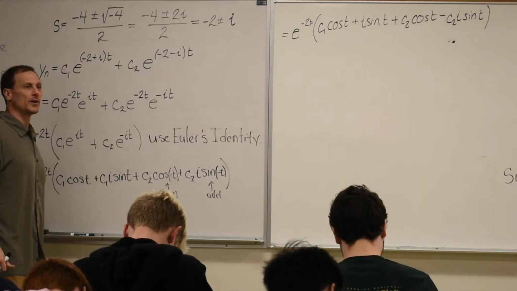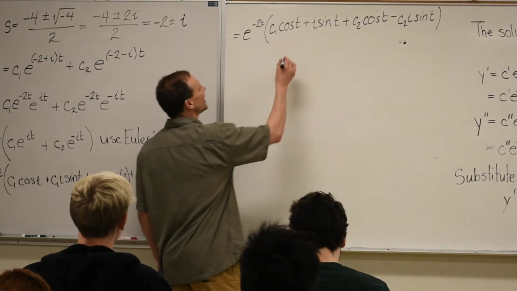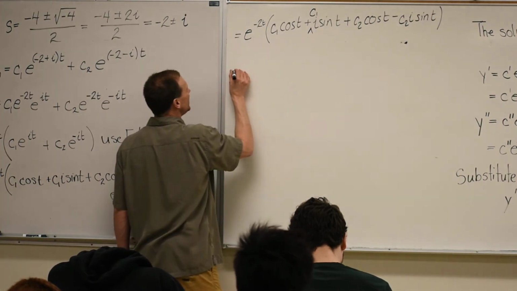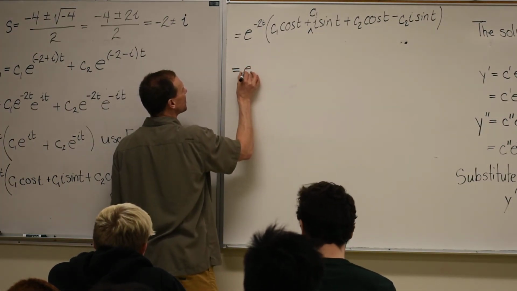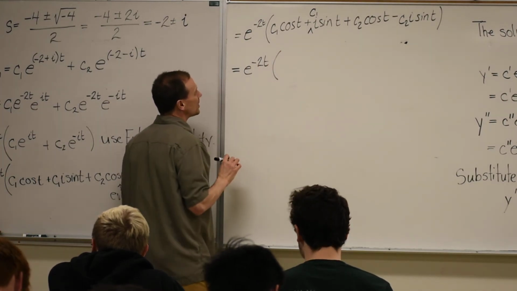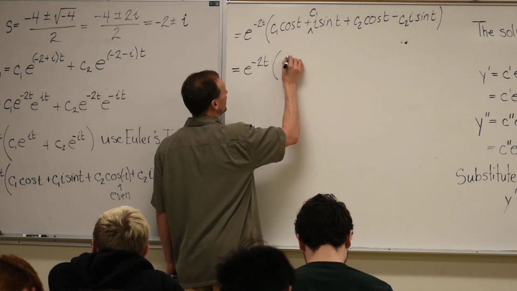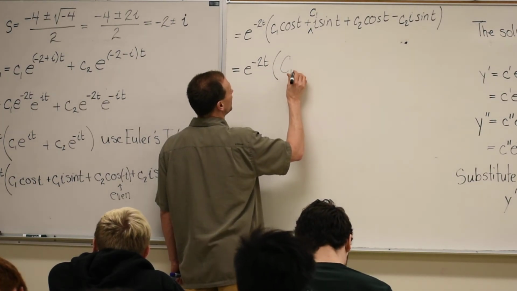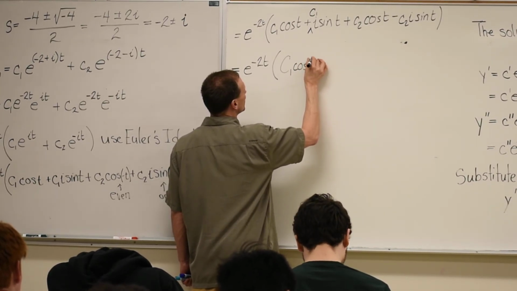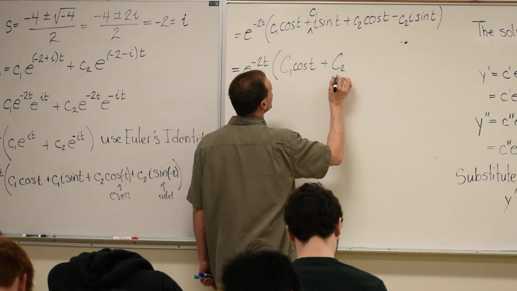Yes, Brian? Oh, yes, thank you, right there. C1. And then here's what we do. We write e to the minus 2t, and we combine our constants. I'm going to call it big C. Big C1 cosine of t plus big C2 sine t.